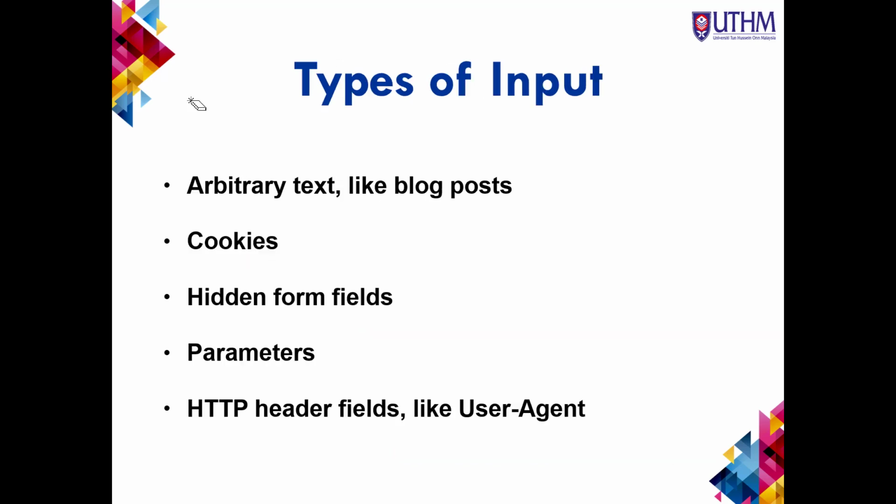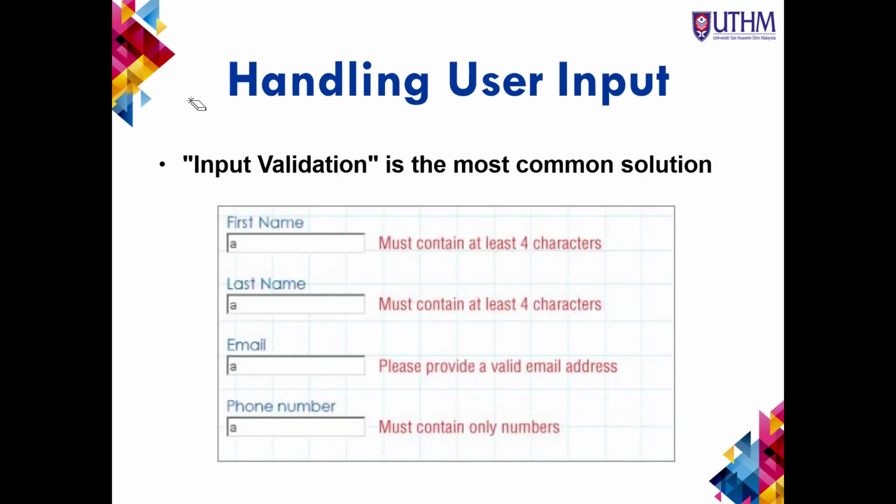Okay, handling user input. Input validation is the most common solution. Okay, and there is one more thing. Maybe there is a captcha. You can see if you are using a login, you need to put a captcha. So this is an example of extra validation.